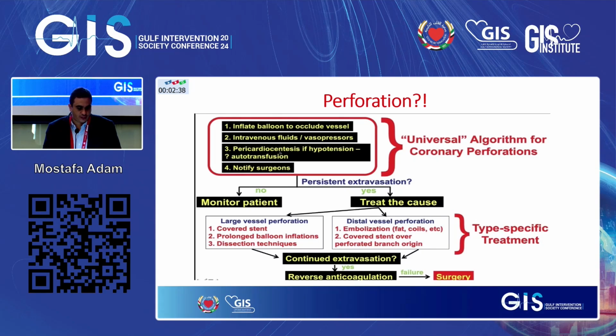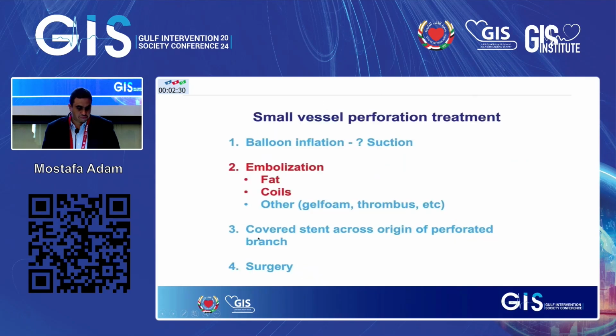If we have a large vessel or distal vessel perforation, we have options: embolization or covered stent. The options are balloon inflation, embolization with fat or coil, and we don't have coil at our cath lab, or covered stent, or surgery.